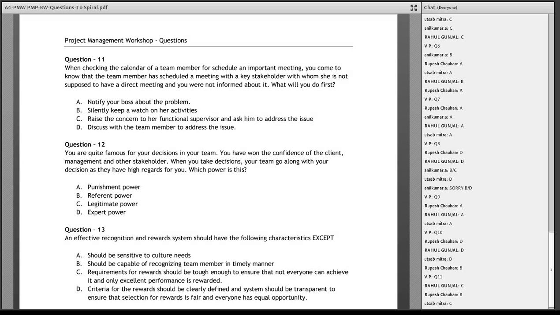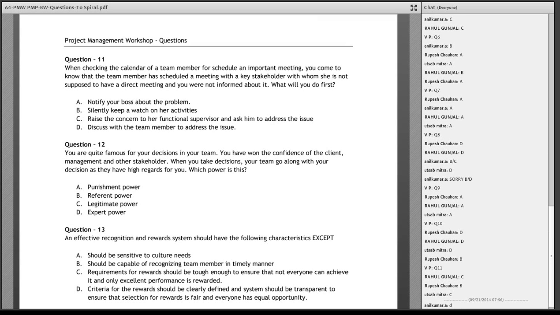So my take on this: if I see a conflict, first I will try to resolve it at my level. If I fail to resolve it at my level, then I go to the next level. Therefore, in my opinion, D is the right answer. Because I have detected the conflict, I must talk to the person, try to figure it out, and try to correct the course.